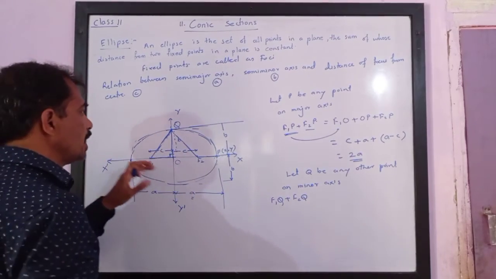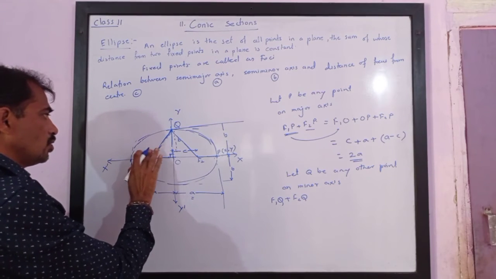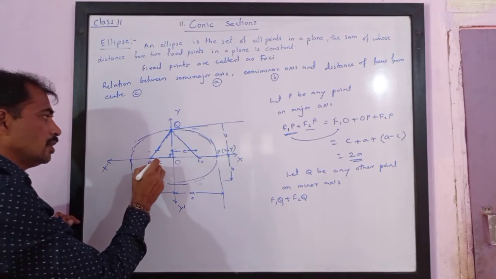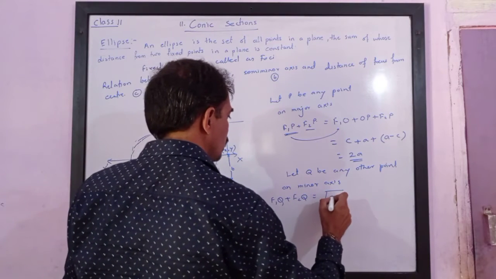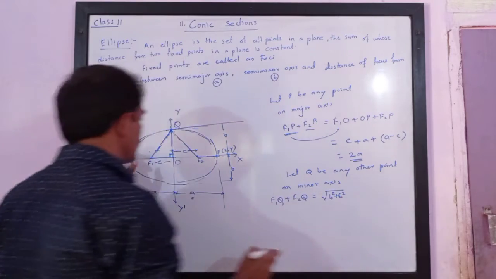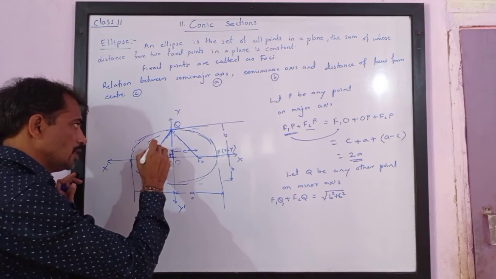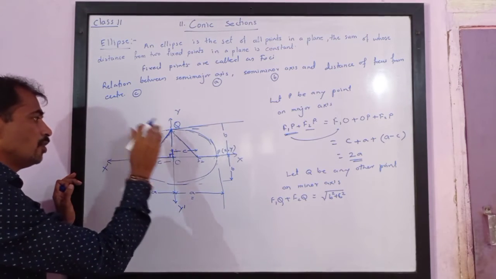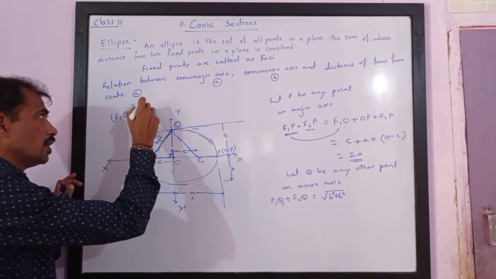Now in right angle triangle F1OQ, this distance is C. I will write down the sides so that there won't be any confusion, and we know this semi-minor axis is B. Watch carefully, this distance is B, this distance is C, so the square of the hypotenuse F1Q is equal to B square plus C square.